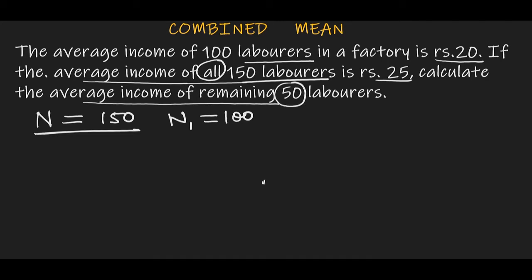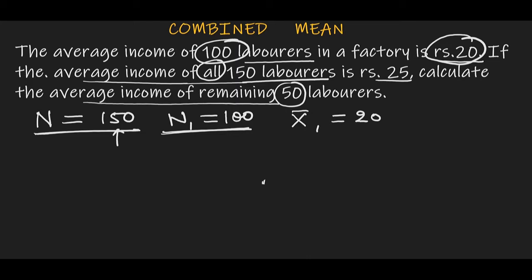So 150 is the total number of workers. For some workers we are given average income that is rupees 20 and which is of 100 laborers. So we have 100 laborers whose average income is 20. So mean 1 here is 20 rupees, and the remaining workers, how many workers are left?